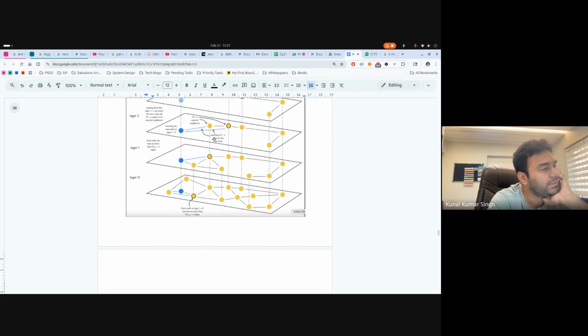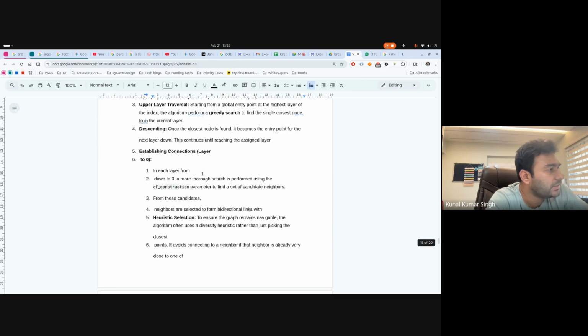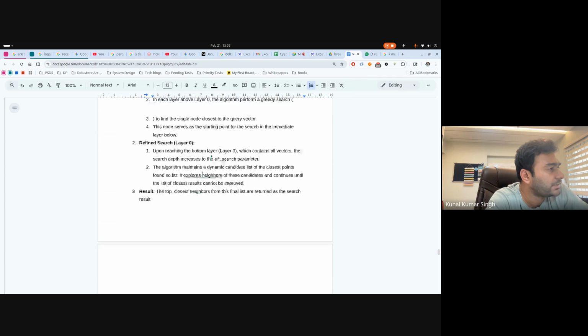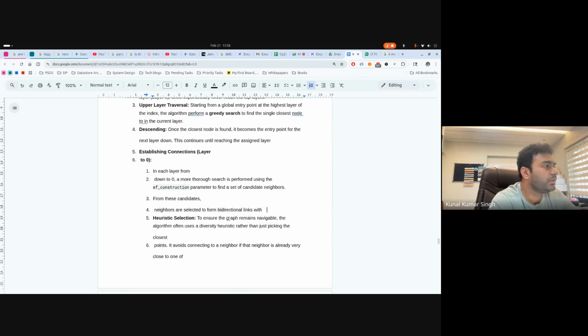So what is done is, first I think एक तो parameter M will be used, which will say कि I'll connect only to these many nodes and not beyond that, right? And the second thing is you will use a heuristic. So this is not exactly deterministic. Heuristics use करेंगे यहाँ पे.